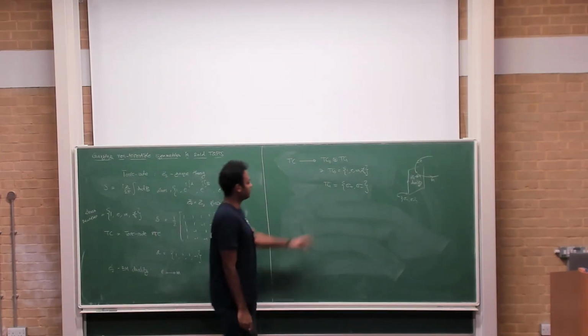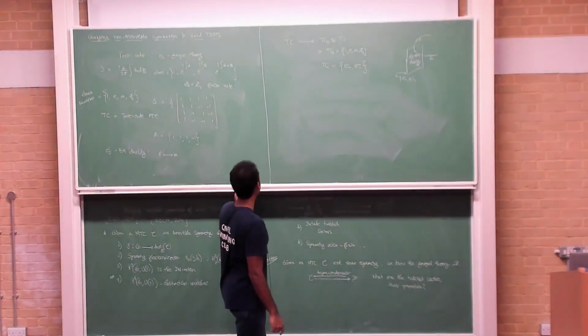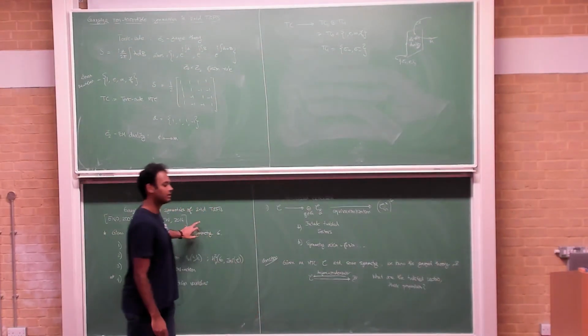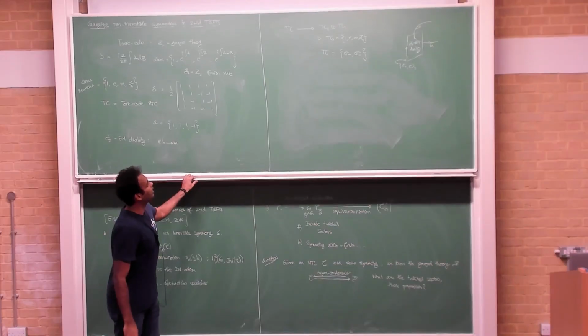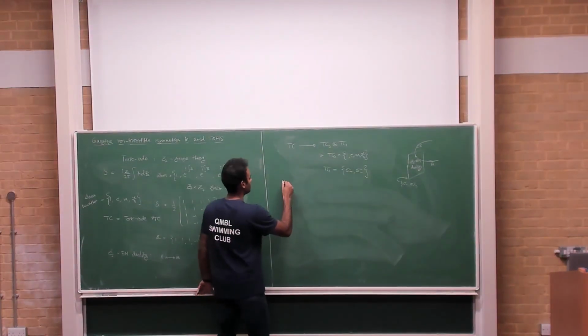So this is TC1, and in fact, the way to show that there are two defects is done in this paper. And there are two defects here because of something called a fixed point theorem.